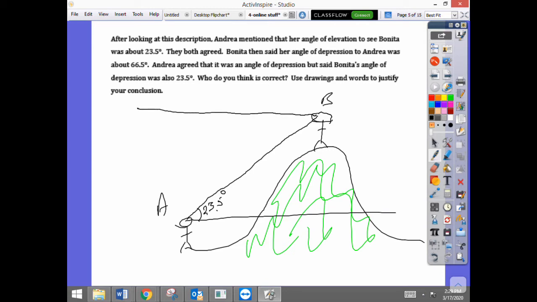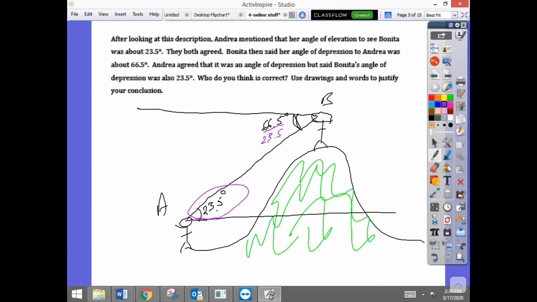So her angle of depression is this right here. Says her angle of depression was about 66.5 degrees. But Andrea says, no, your angle of depression has got to be the same as mine. So what do you think? Is this 66.5 degrees or is it 23.5 degrees?